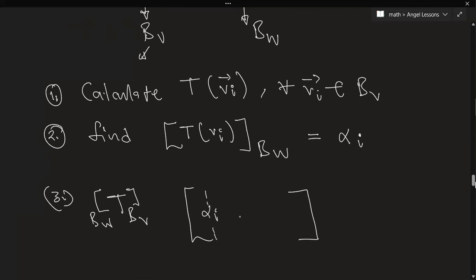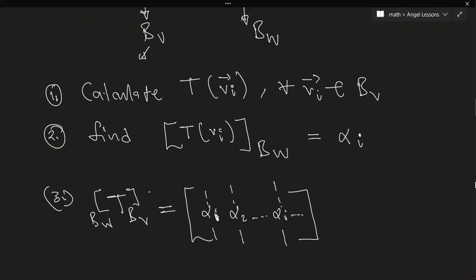So alpha 1 is put as a column here, alpha 2 is put as a column here, and so on, up until you get to alpha i, putting them as columns like that. The matrix that you get is the matrix that you are looking for. Are you getting that?